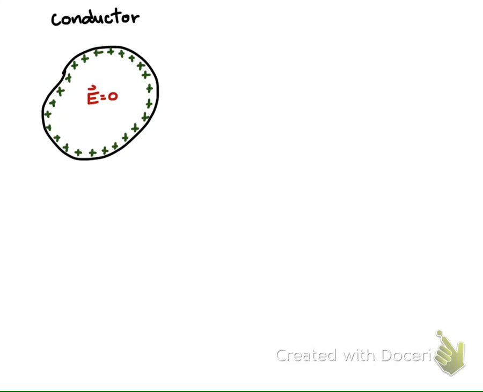And if we know that E is 0, it means that if we look at 2 points, A and B, inside the conductor, and we want to calculate the electric potential between these 2 points, we have that delta V is equal to minus the integral from A to B of E dot dr. But E is 0.